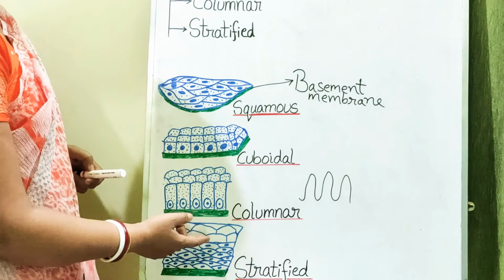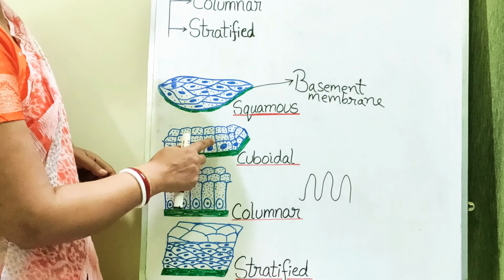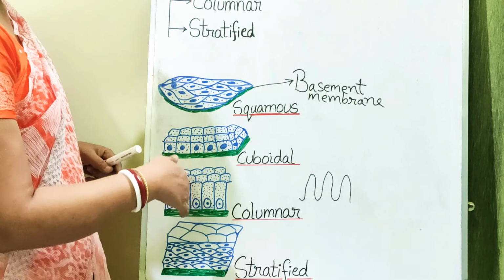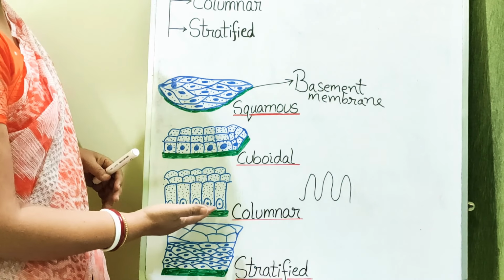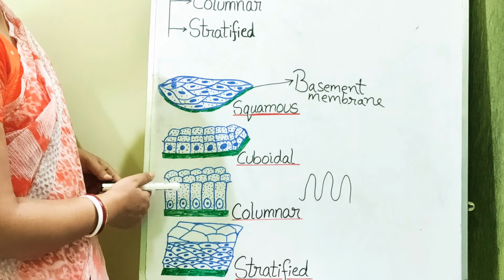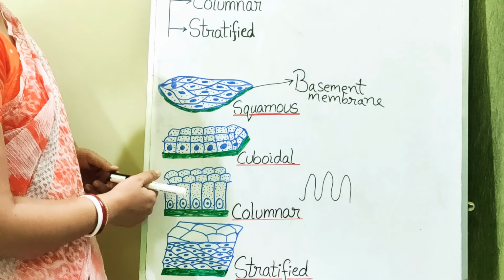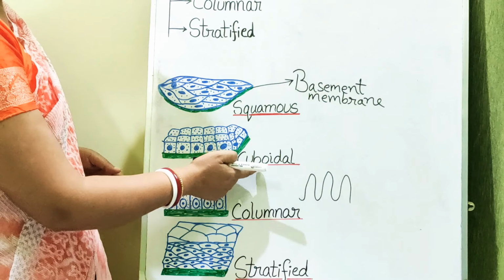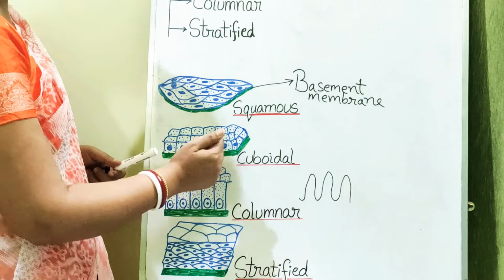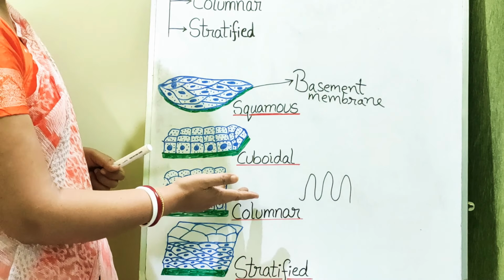And sometimes it has been noticed that cuboidal epithelial tissue or columnar epithelial tissues are also associated with certain glands. That means they secrete certain substances. Cuboidal epithelial tissues are found in the salivary gland. They are associated with the secretion of saliva, which helps in the process of digestion.